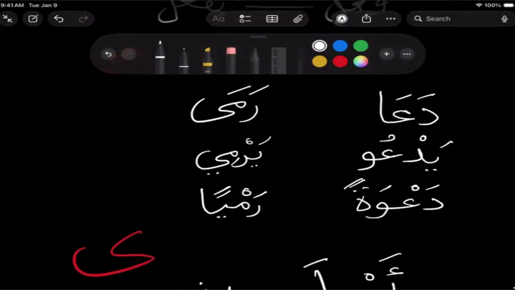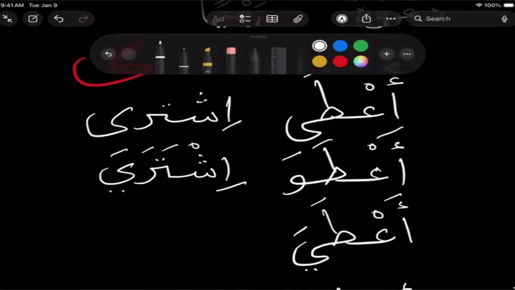You said that its original letter is the ya. So in the mazid fi, in a'ta, how do we have a visual indicator? That's not the same kind of rule you're going by here for the mazid fi. Is my question clear?